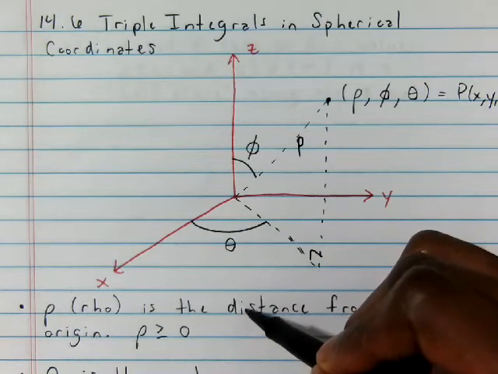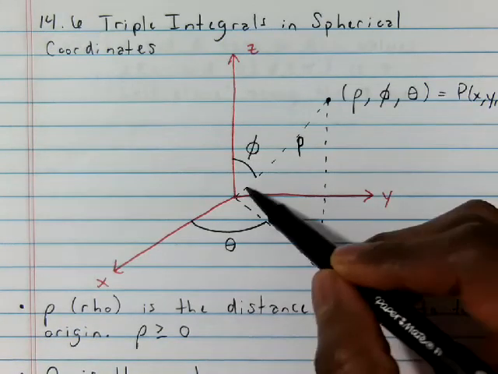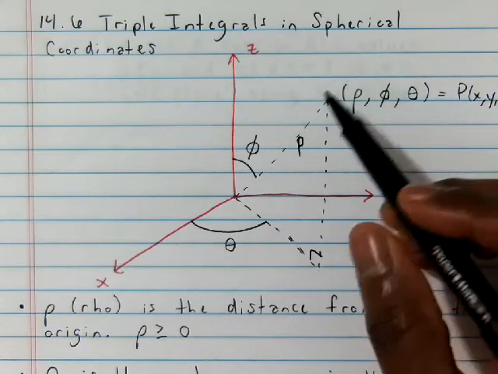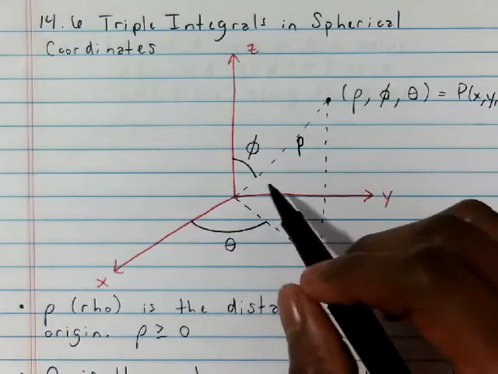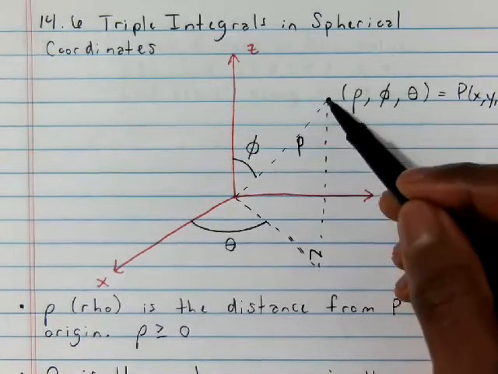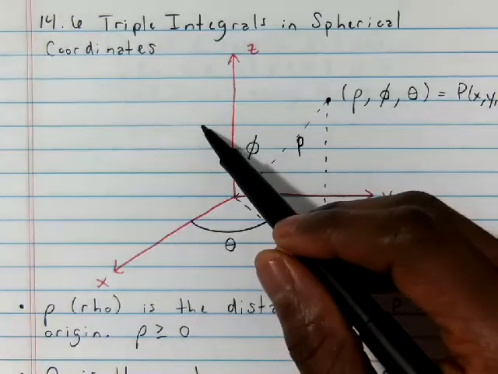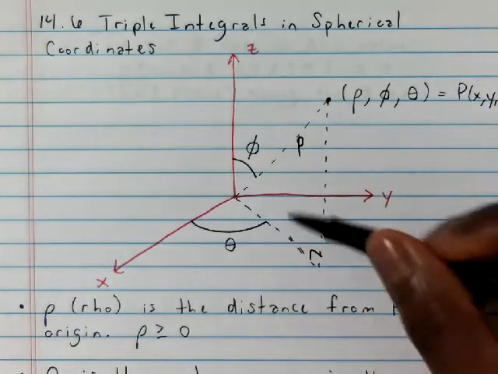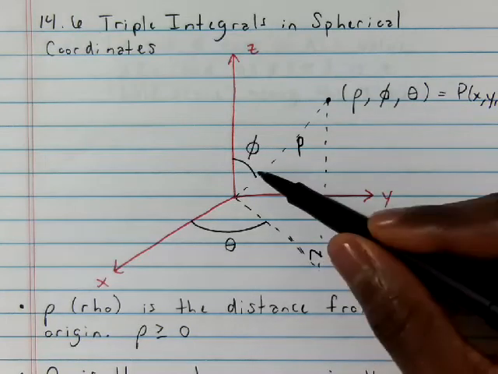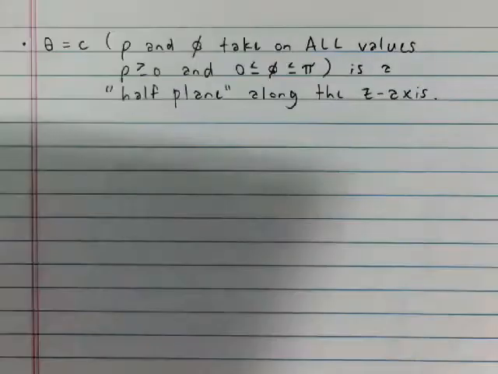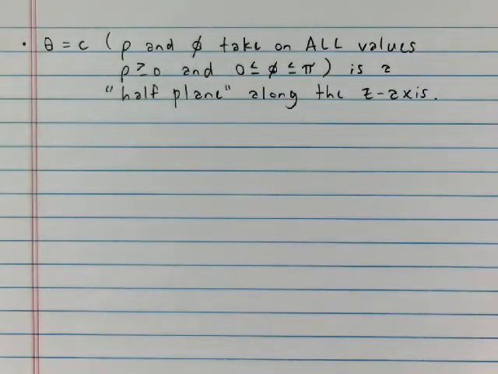But then we let the radius of that semicircle, which is our rho, go on to infinity, and when something goes out forever, it ends up just being a plane. But we call it a half plane because it doesn't get to go behind the z-axis. It's a plane coming out of the z-axis, stuck at whatever theta value it is, but phi takes on every value and rho takes on every value. So we get a half plane along the z-axis.